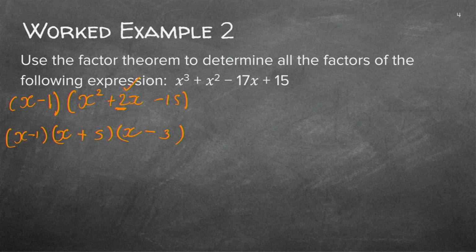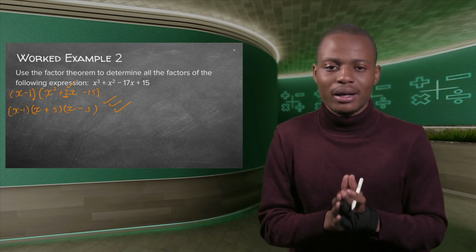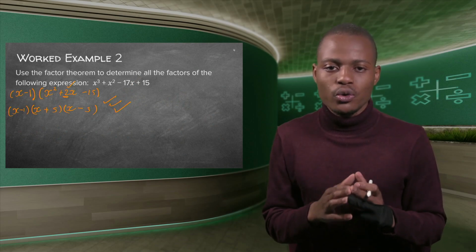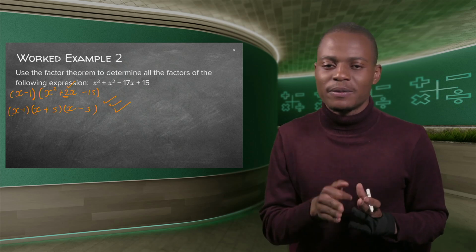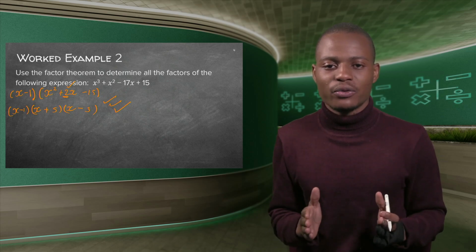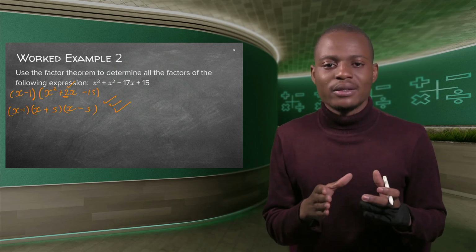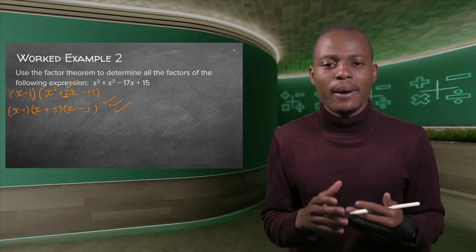So guys, what you have there is a fully factorized polynomial of your third degree. That is how you factorize a polynomial of the third degree. Use long division, synthetic division, inspection, any method that works for you to factorize these third degree polynomials.